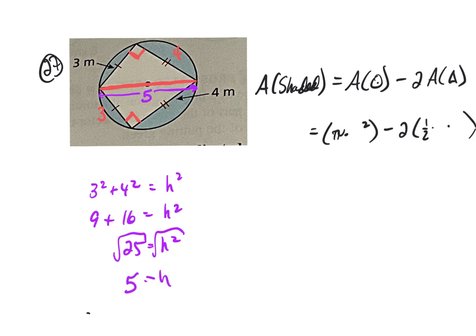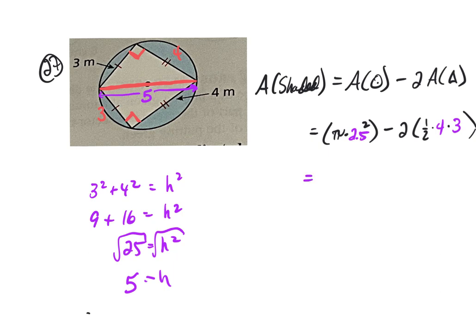So therefore the diameter of the circle is 5, and therefore the radius is 2.5. And because those are right triangles, we then know that the base of one of the triangles is 4 and the height is 3. And we're all set to go.